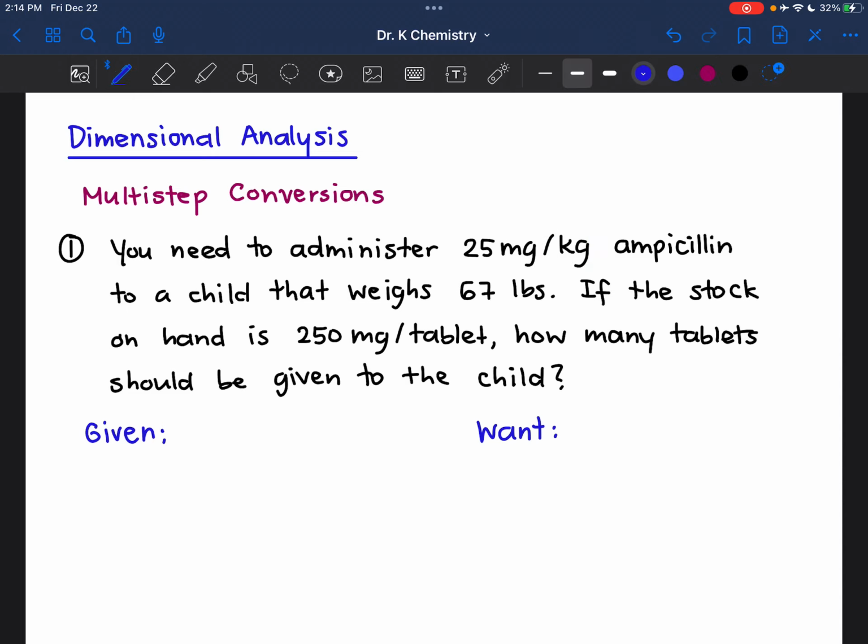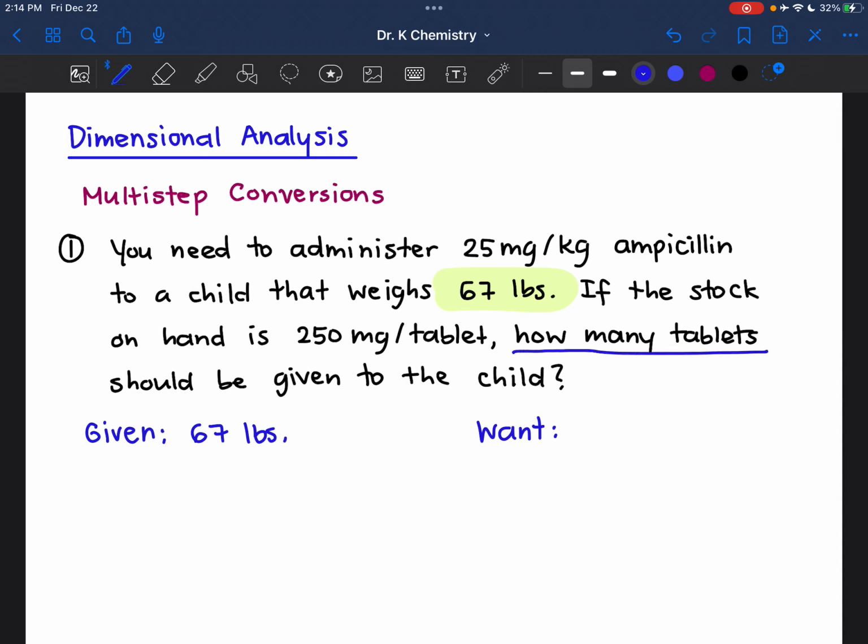Right? So that's not what I'm going to start with necessarily. I'm looking for a number that is just off by itself, and that would be the 67 pounds. That's just kind of hanging out there. It's not involved in a conversion immediately. So that's my given. I know that the patient weighs 67 pounds.